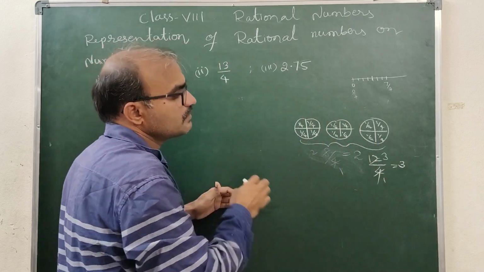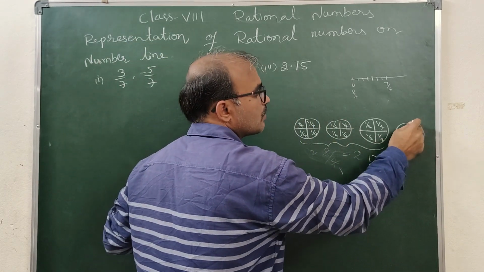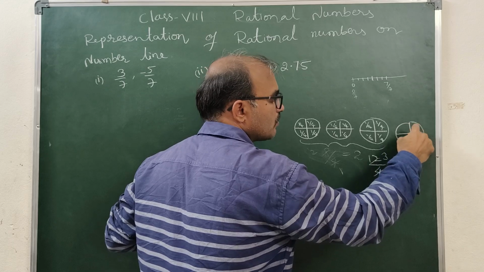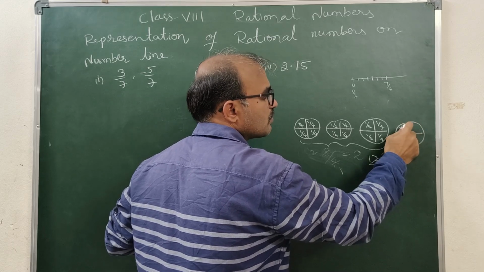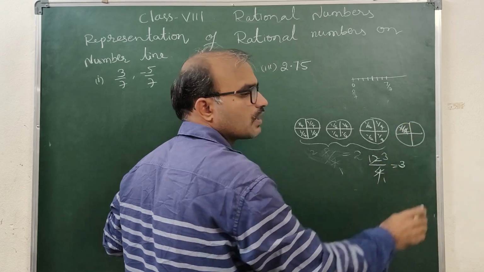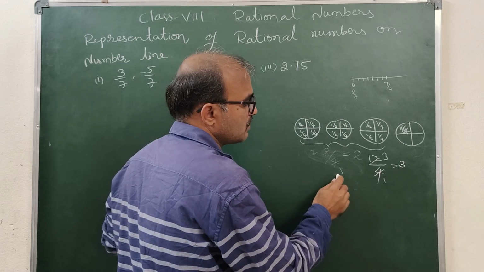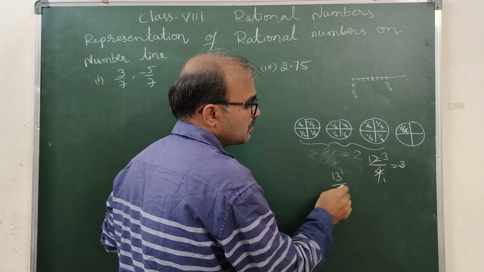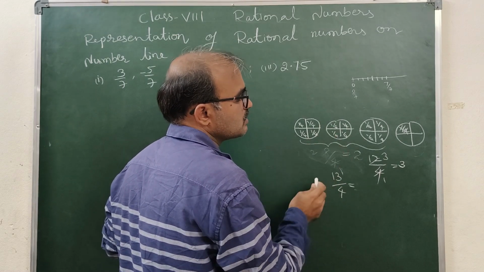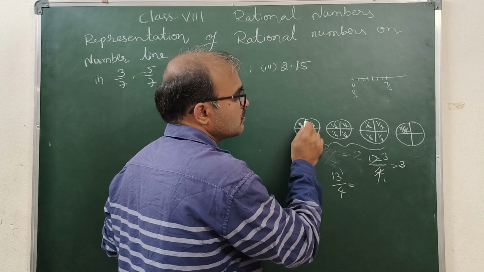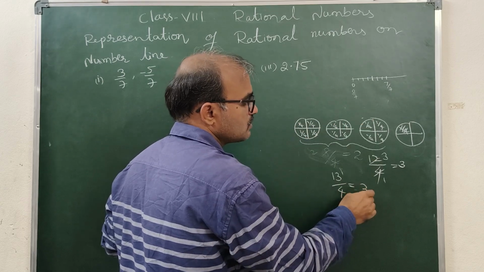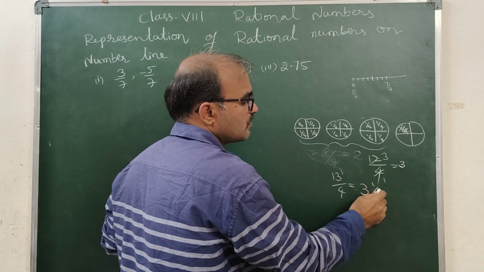Right? We need 13 fourths. So that is why you have to take one whole and you have to take only 1/4 from this, right? You have to take only this. This we don't need, right? So that is 13 fourths. 13 fourths can also be written as 3 wholes and this 1/4.